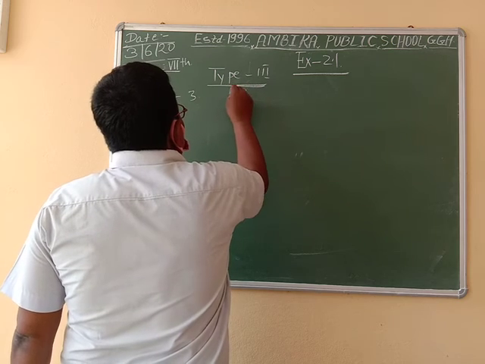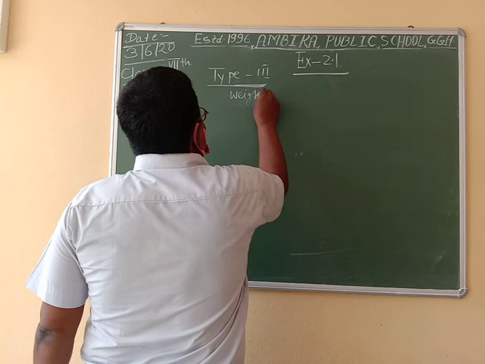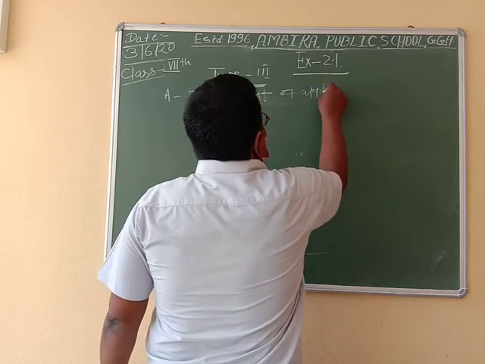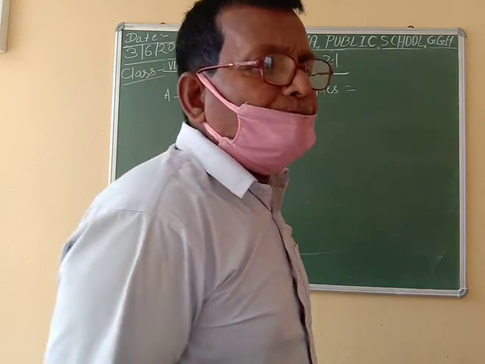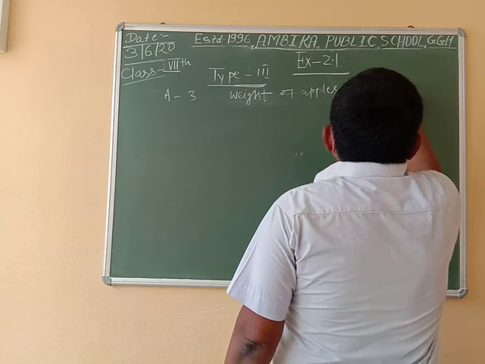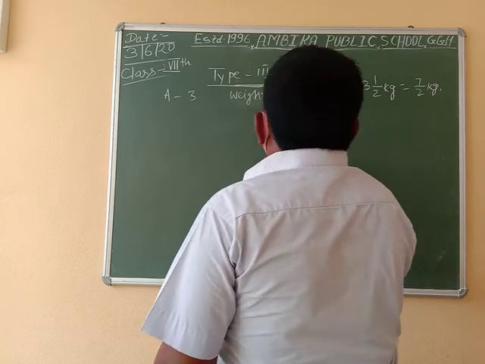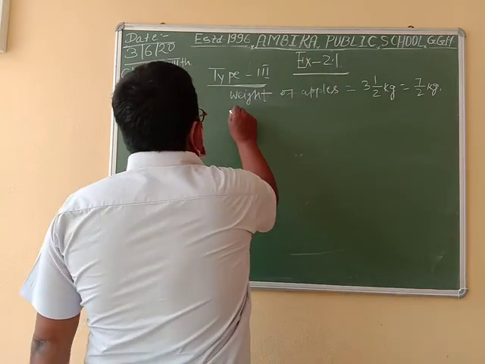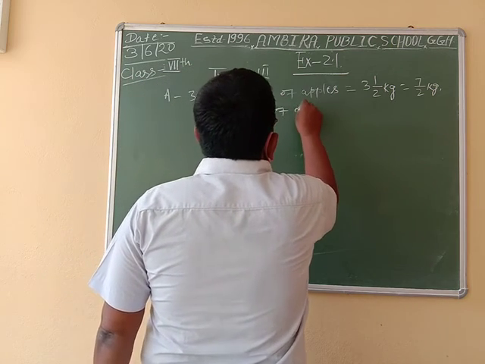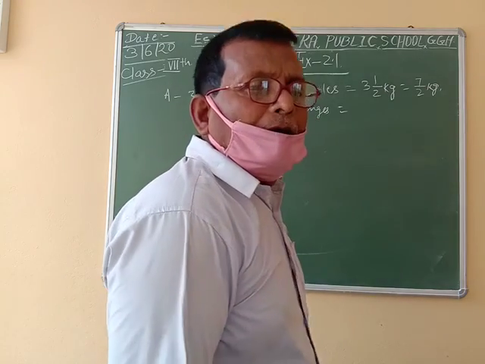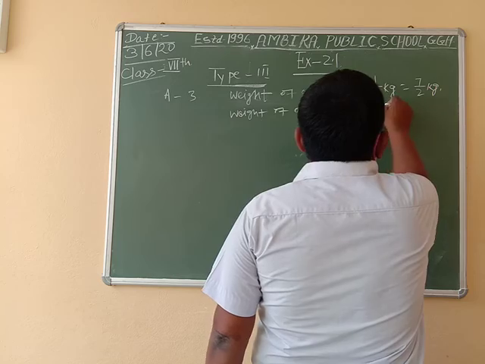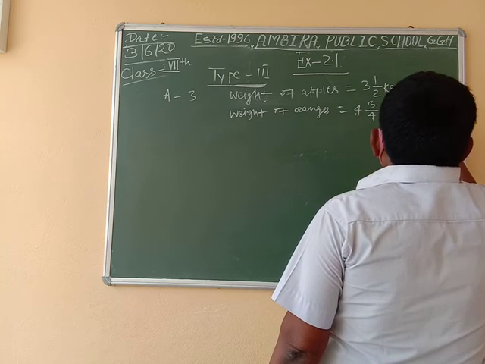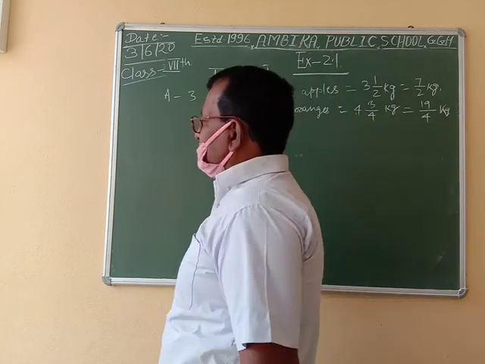Weight of apples is equal to 3 1/2 kg, which is equal to 7/2 kg, and weight of oranges purchased by Samira is equal to 4 3/4 kg, which is equal to 19/4 kg. We have to find the total weight of the fruits.